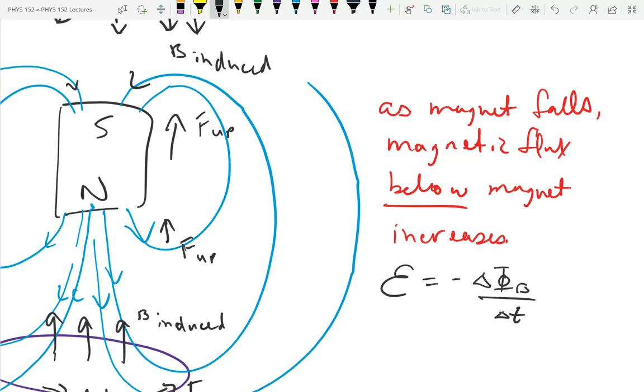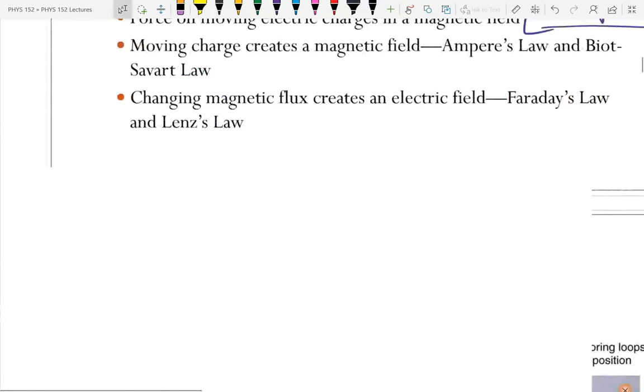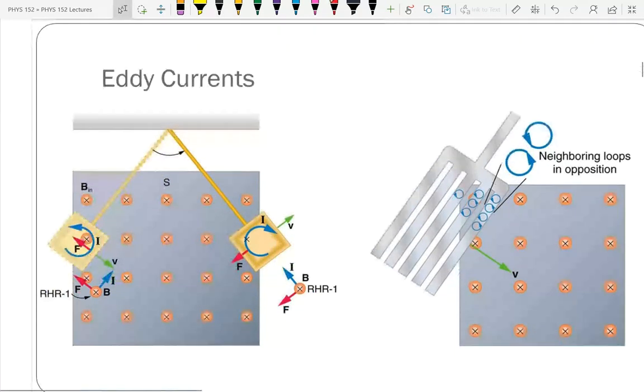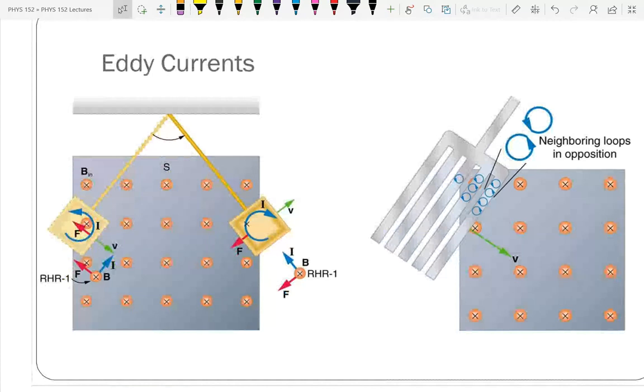Freeway driving, not as much, because you're going high speed, you're primarily losing energy to air resistance. You can't recover that energy. So those are eddy currents. Here's other examples. If I have a magnet and I have a pendulum with a conducting material, then it will slow down considerably.